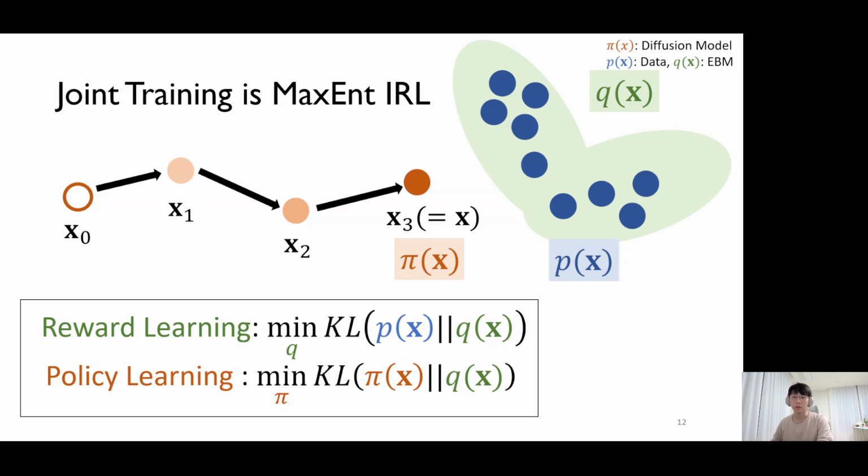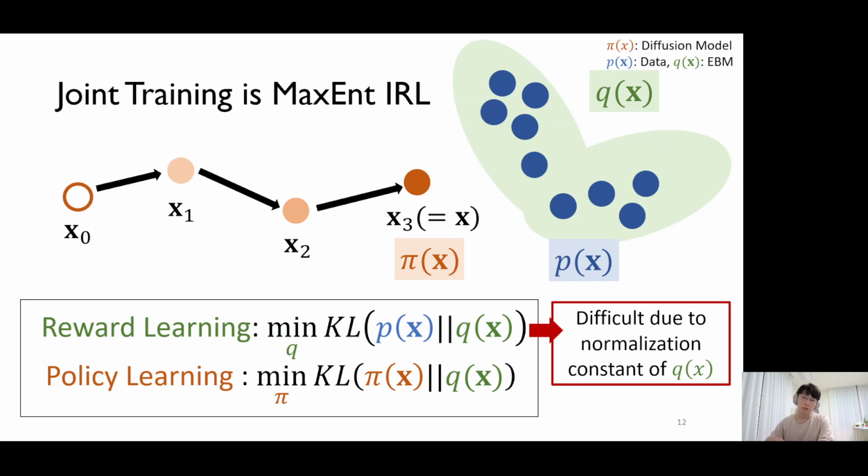This pipeline is an instance of maximum entropy inverse RL, as there is the maximum entropy regularization for the policy. While this process is feasible in principle, a naive implementation of this will be highly inefficient due to the normalization constant of the EBM, which requires MCMC.